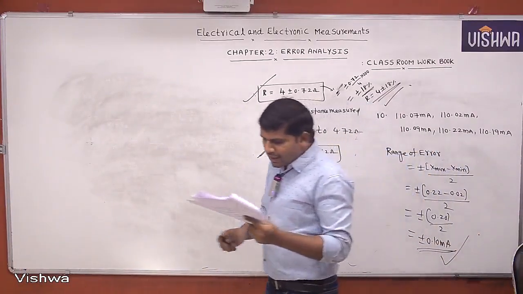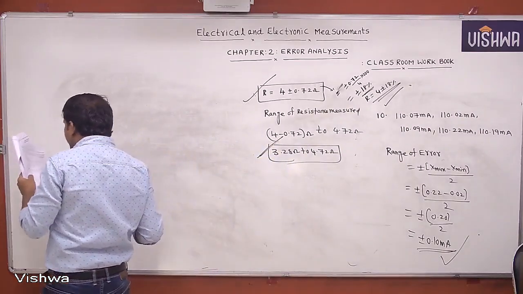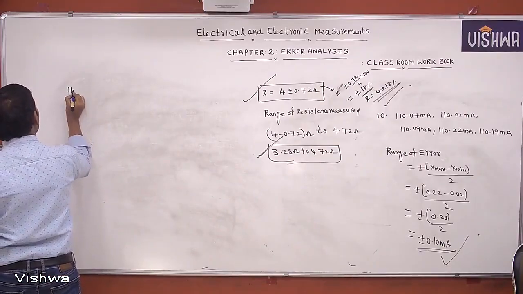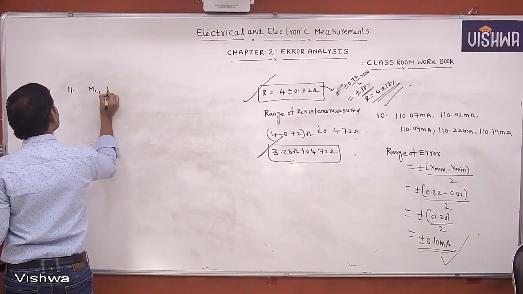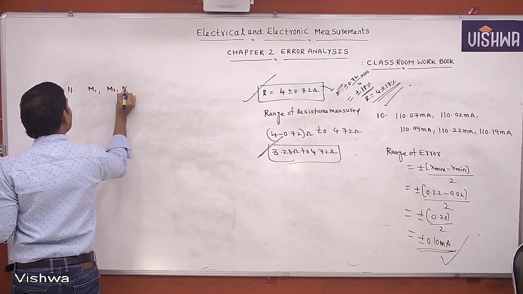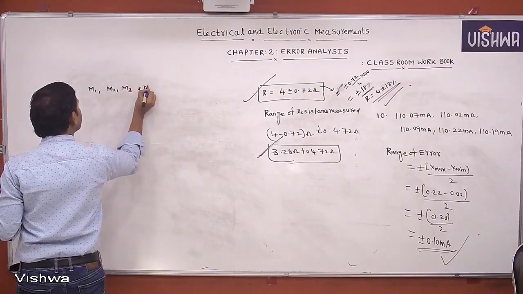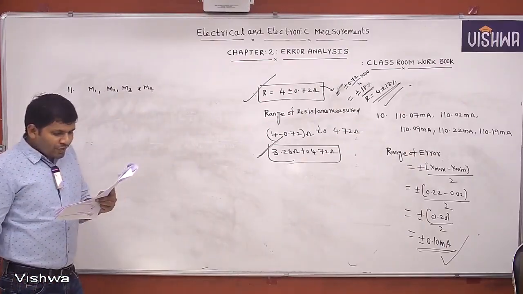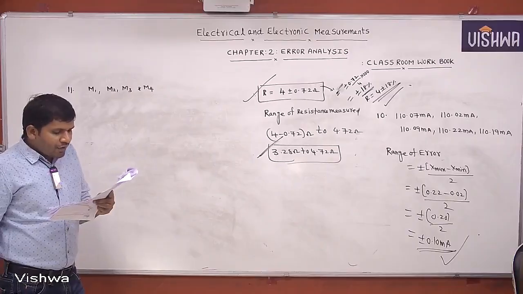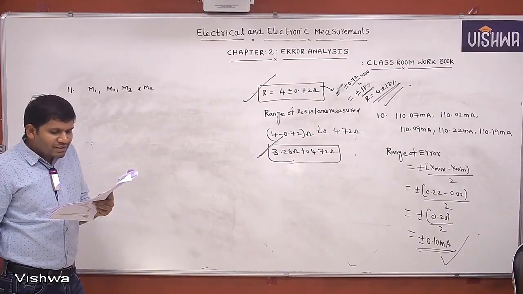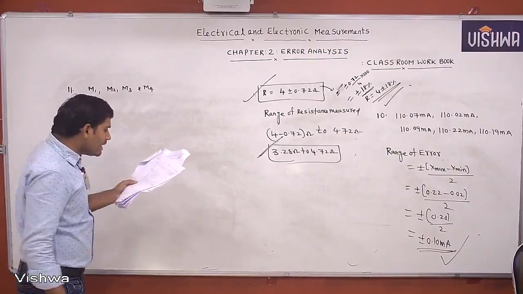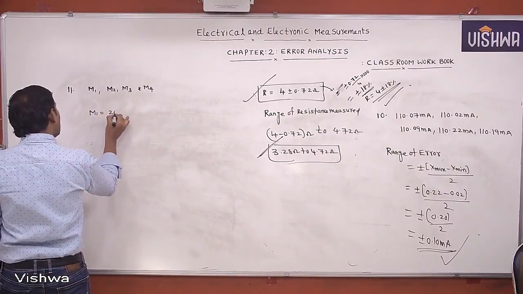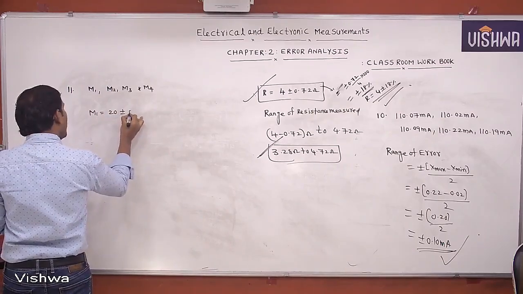Four ammeters M1, M2, M3 and M4, with the following specifications available: full scale accuracy as a percentage of full scale. M1 is given as 20 plus or minus 0.1%.